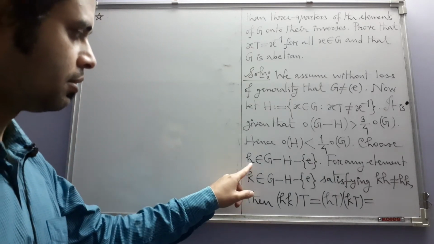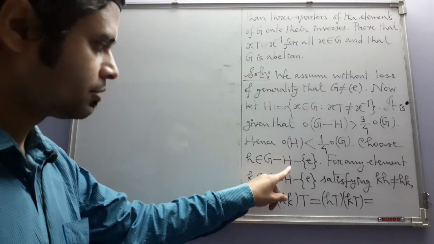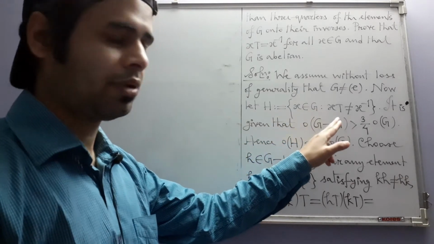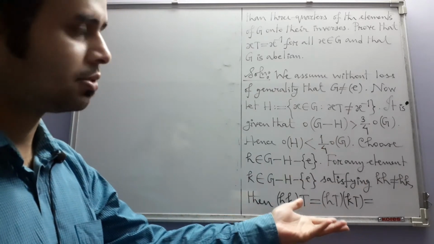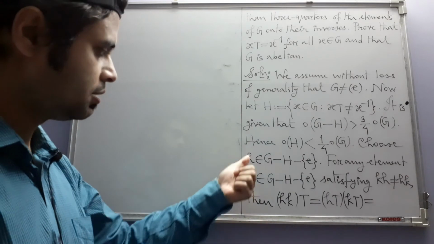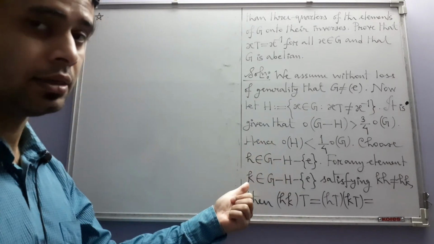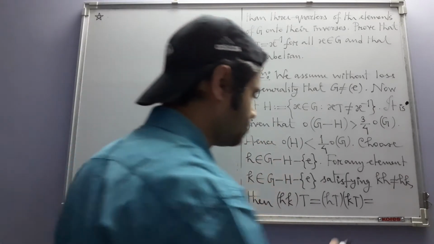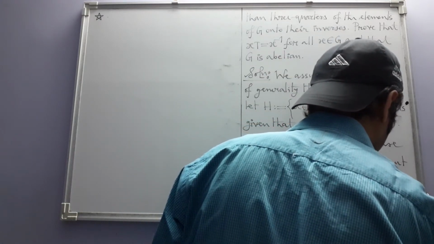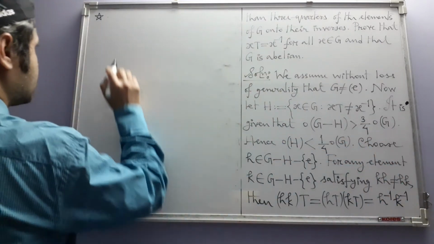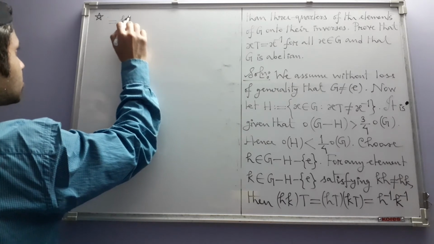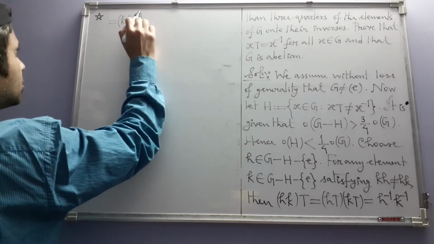Now neither h nor k belongs to H, so that means both of them will be mapped by T onto their inverses, because that's exactly something that does not happen in H. So since these are outside H, that will happen. So that means this will be h inverse and this will be k inverse, and that is equal to kh inverse.